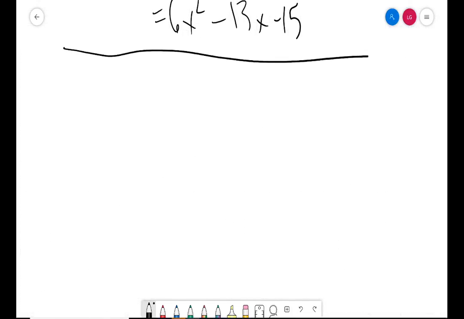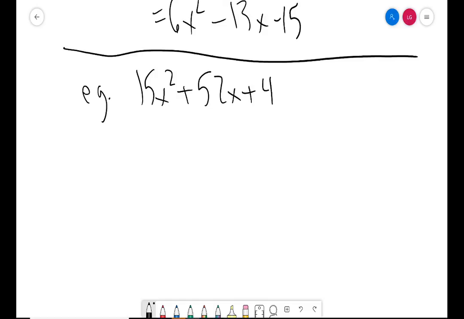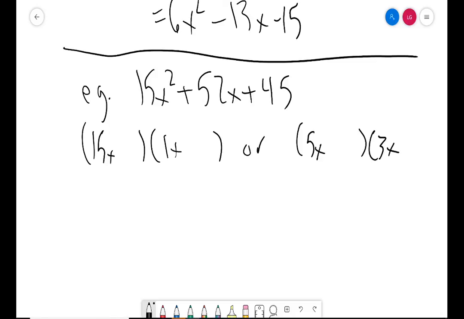Let's do one more. Well, it's either going to be this or this, because there are only two factor pairs of 15: 15 and 1, or 3 and 5.